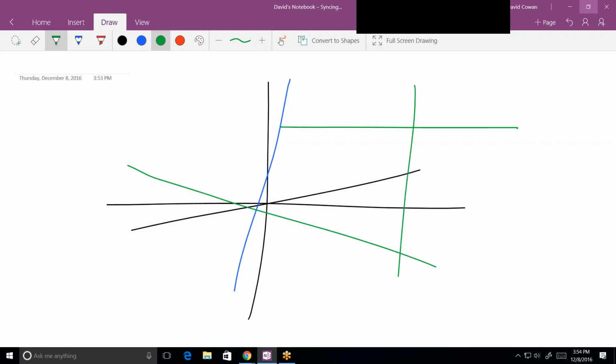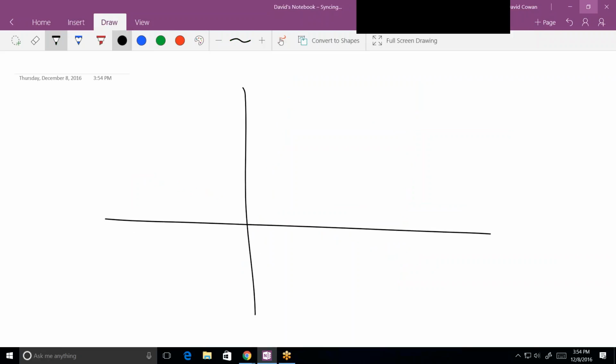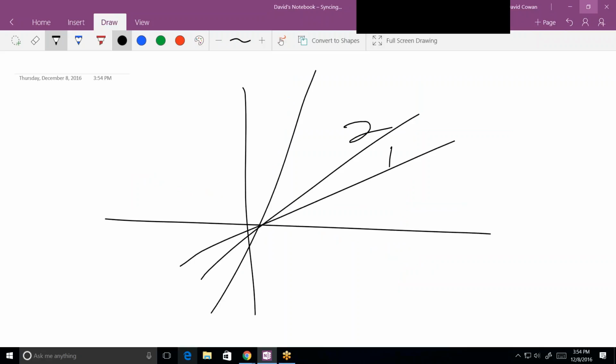The vertical lines are undefined. And what undefined means is infinite. Because if I'm drawing slopes, there's a slope of 1, a slope of 2, a slope of 10. By the time I get to a vertical line, it's infinity.